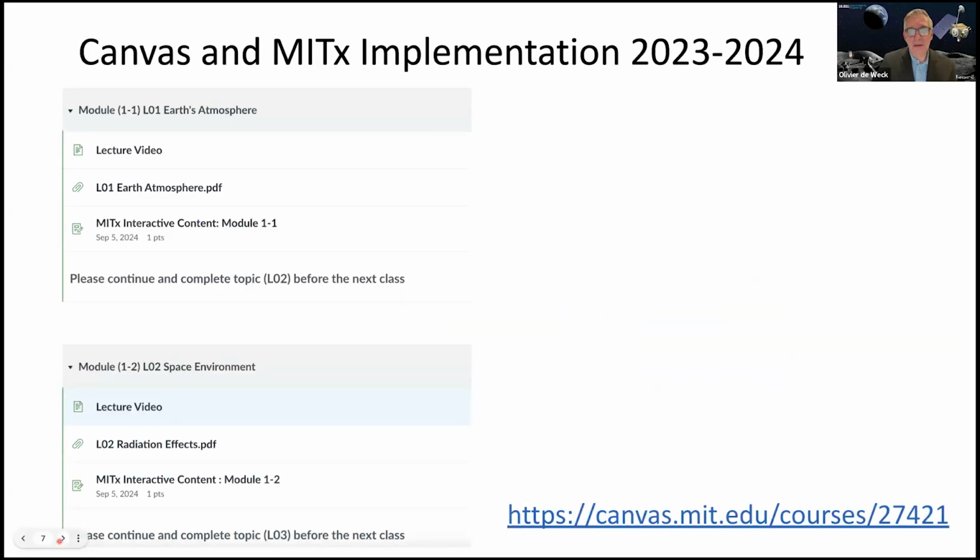All right, so I'm going to show you briefly Canvas and what it looks like, but this is what a typical module looks like in Canvas. So module 1-1, module 1-2, module 1-3. So for each of the modules, we have a lecture video. The videos are typically 10 to 20 minutes long.